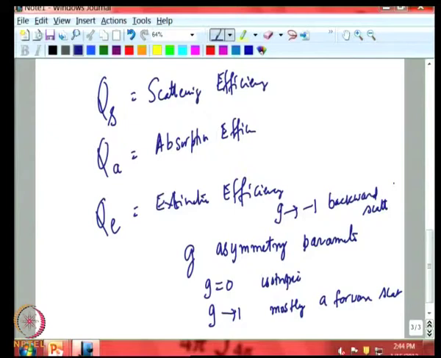So, knowing the value of G, you get some idea about how asymmetric the scattering process is. A negative value of G implies more backward scattering, a positive value of G indicates more forward scattering.